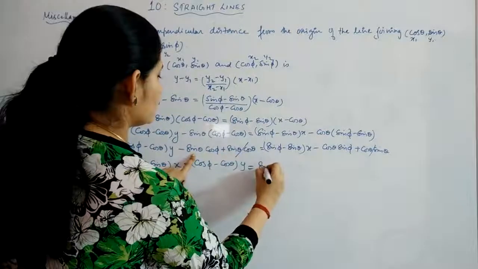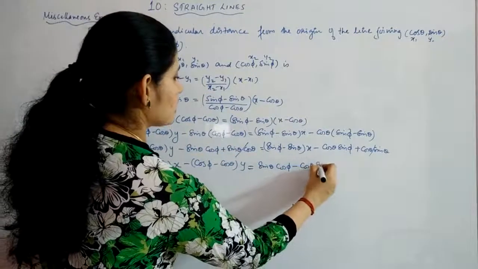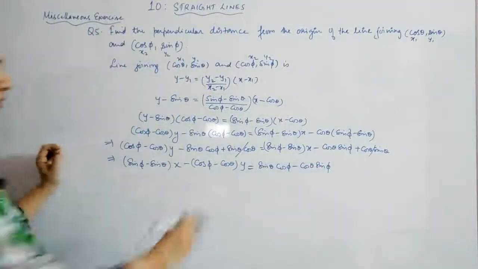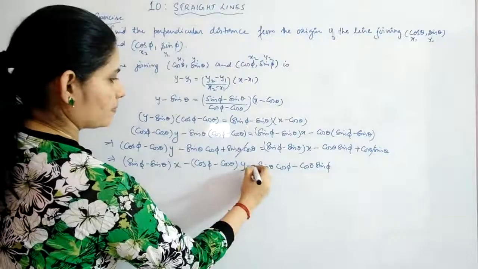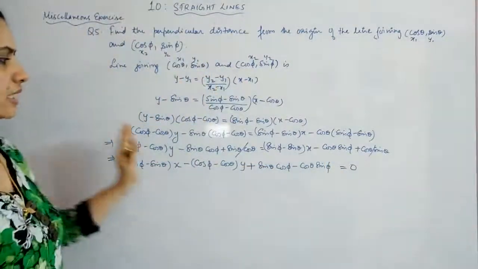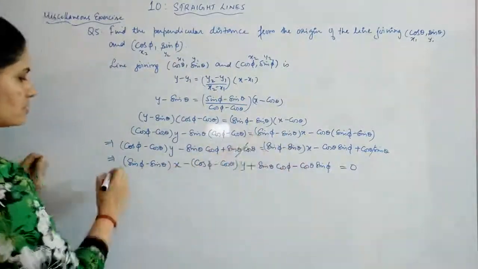So you will have sine theta cos phi minus cos theta sine phi, plus equal to 0. We have taken all the terms to the other side now.